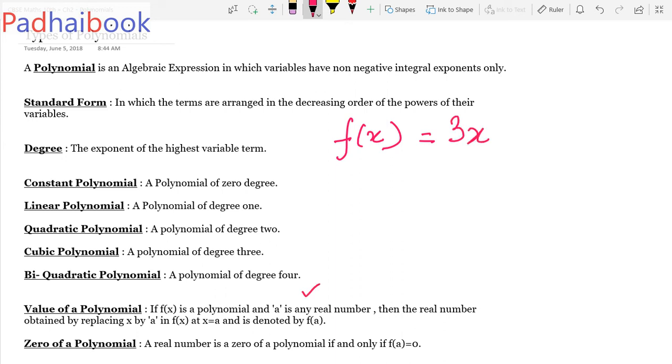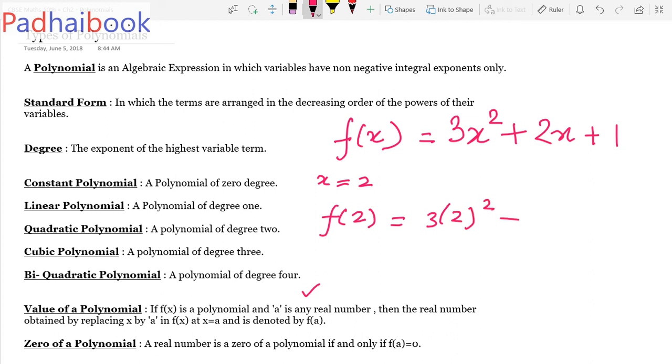Suppose we are given a polynomial f of x, 3x square plus, let's take, 2x plus 1. Suppose this is the polynomial we are given, and we are supposed to find the value of the polynomial at x is equal to 2. So how do we find that? We substitute the value 2 in place of x in the equation.